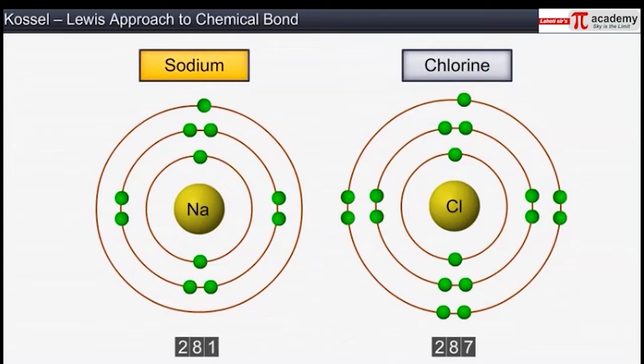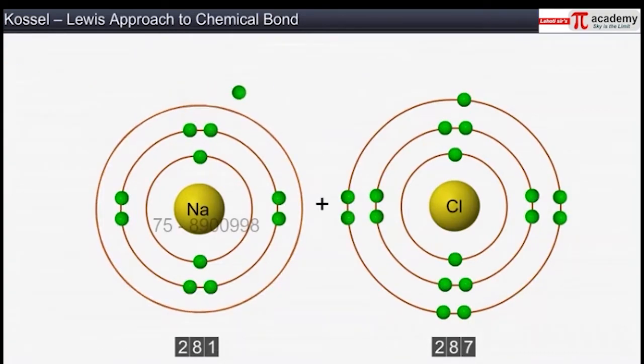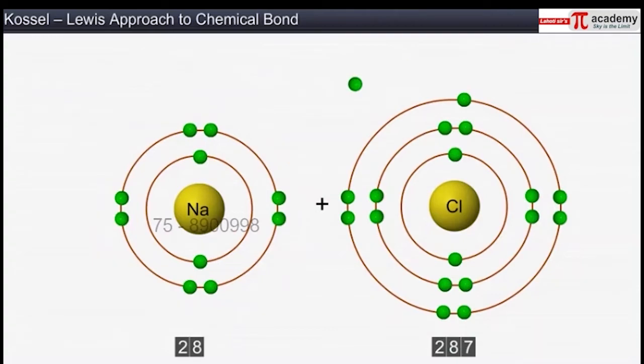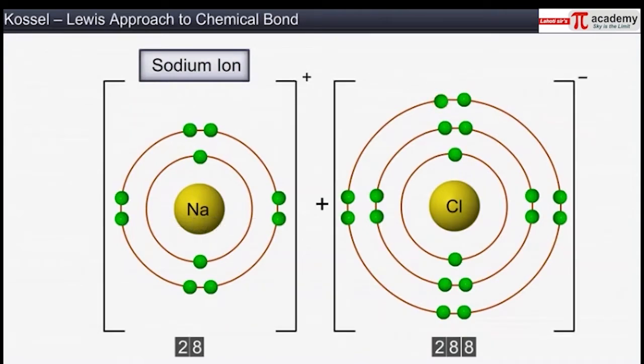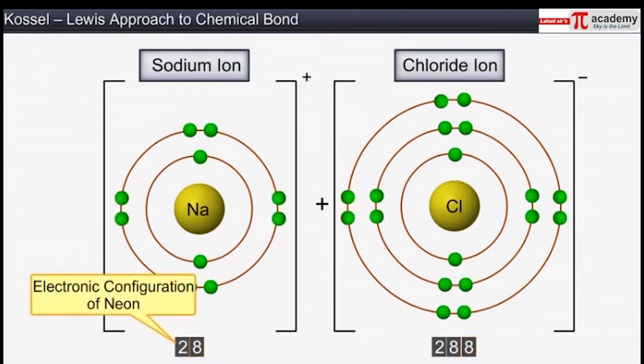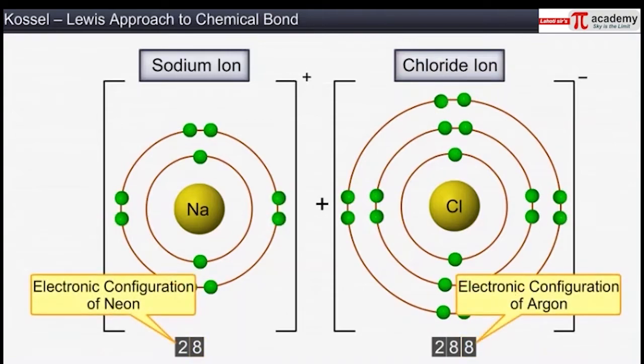When both sodium and chlorine combine together, sodium loses its one valence electron and forms positive ion, that is, sodium ion, whereas chlorine gains the one electron lost by sodium and forms the negative ion, that is, chloride ion. The sodium ion and the chloride ion attain the octet configuration of neon and argon respectively.